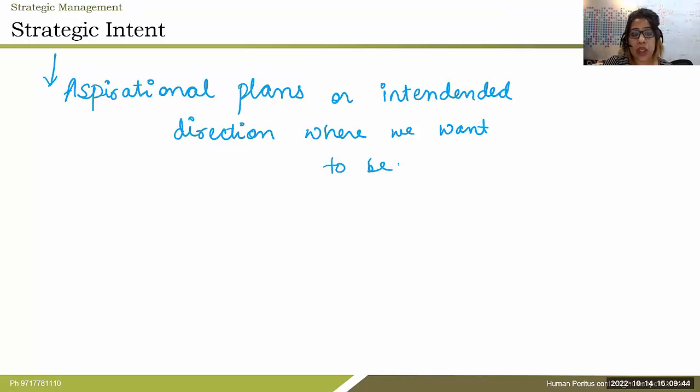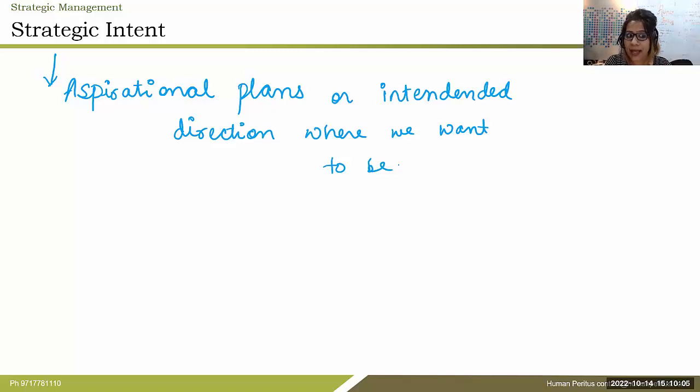All of you know what is the meaning of intention, right? So when we talk about strategic intent, it describes the activities or the aspirational plans or our intended direction where we want to be, where we want to proceed. That is basically strategic intent. So where we want to be, our aspirational plans.